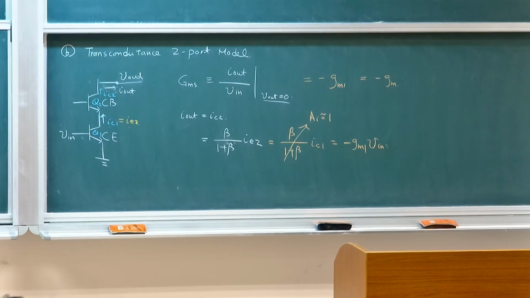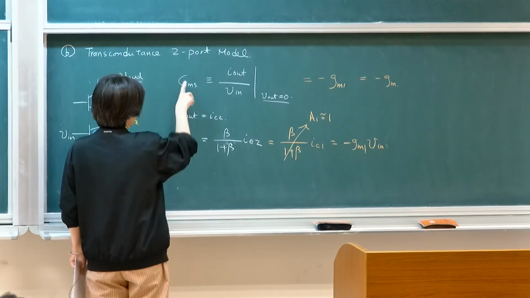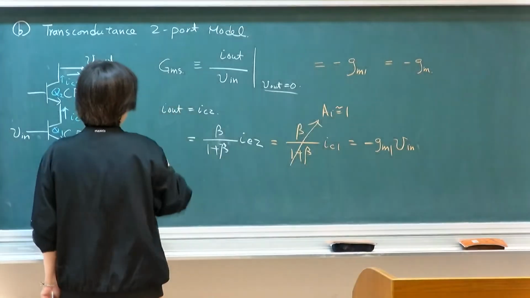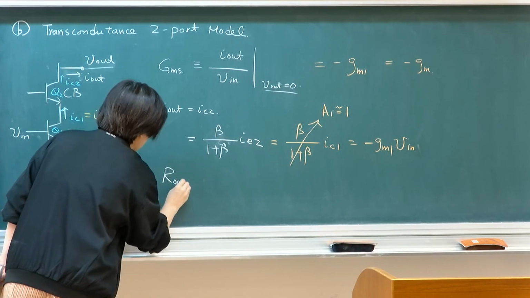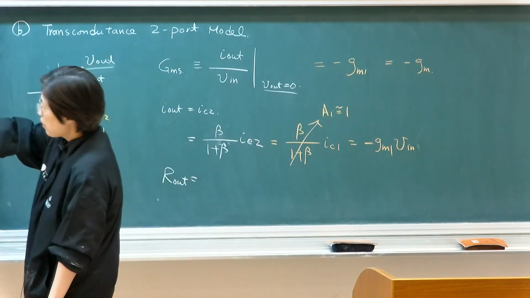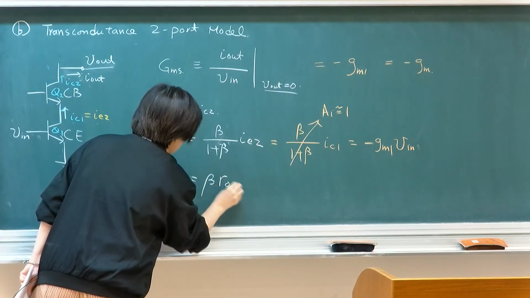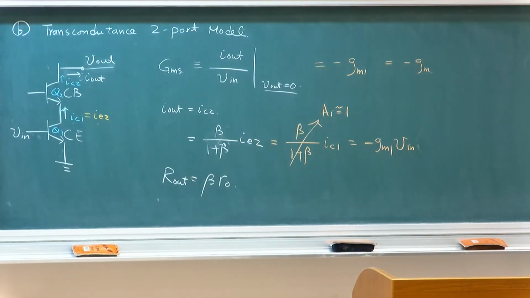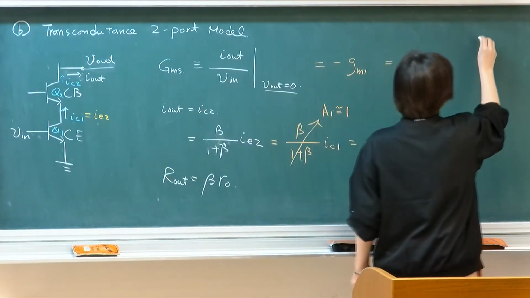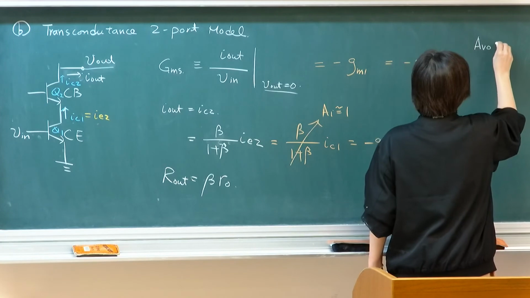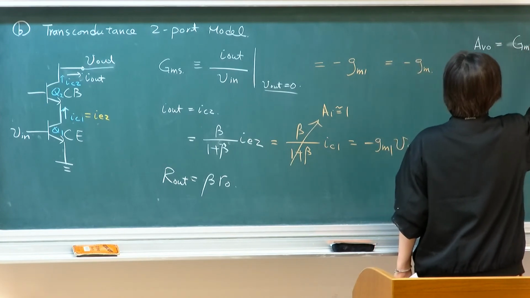Okay, so once I have this, remember the two-pole model of transconductance, then look for the output resistance. The output resistance is the same as the left one. So R out is simply beta RO. Your overall voltage gain will then be GMS times RL.